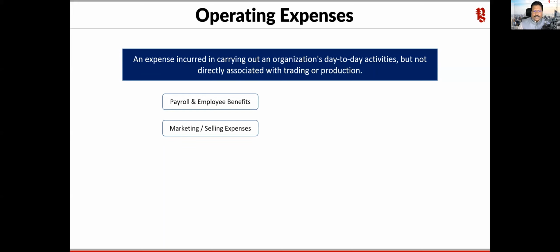The second part is, I'm not stating these expenses in any particular order. It is just for you to get an idea of the different kinds of expenses that an organization will or may have to incur.